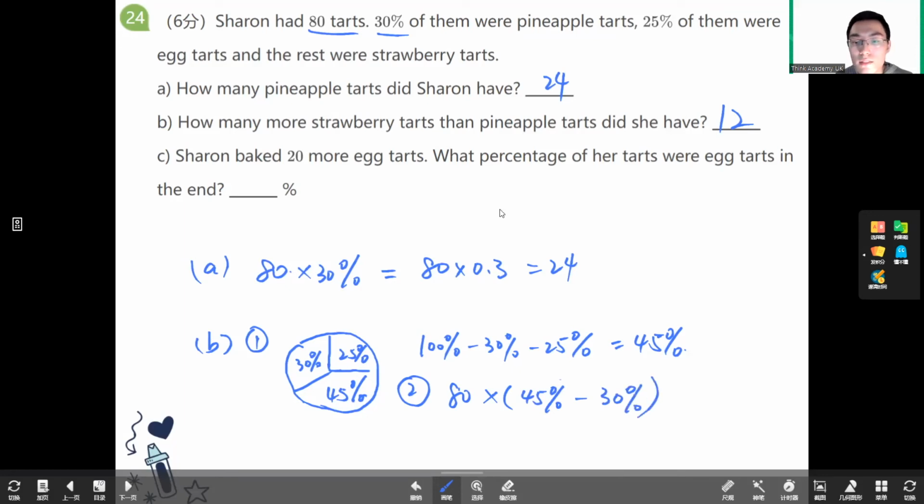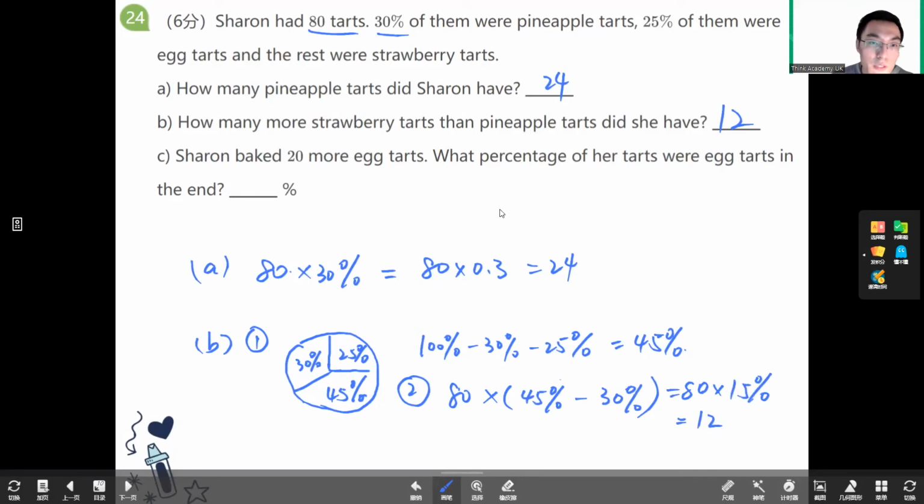So the difference in percentage is 15%. 15% is 15 times 0.8, which should be 12 as well. I won't skip steps. It's 80 times 15%, and that will give us 12. Also gives us the correct answer, and that's question B.